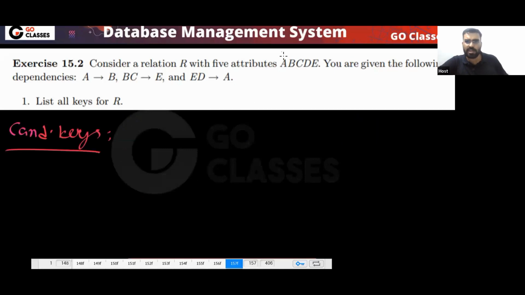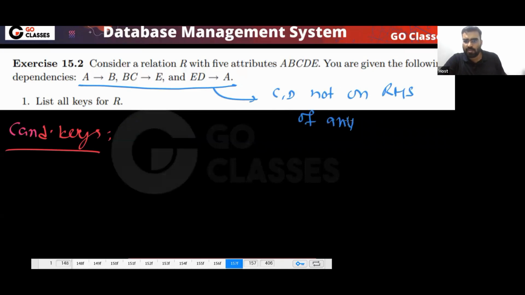So you can notice this is your relation A, B, C, D, E. Now, you can notice C, D are not on the RHS, correct? Can you notice C, D must be part of every candidate key? C, D not on RHS of any FD.